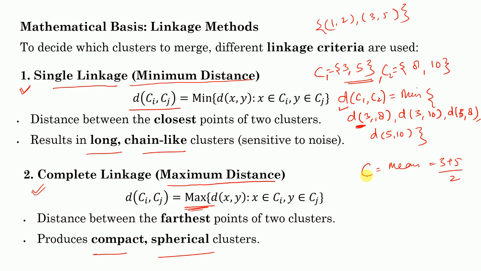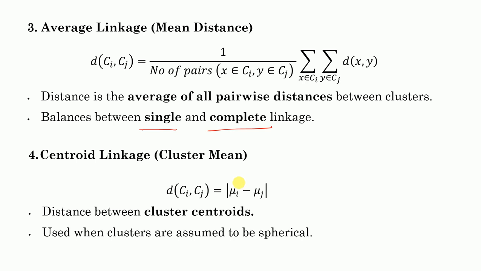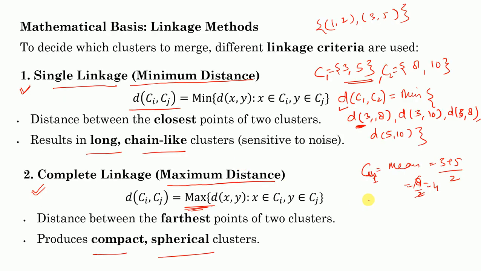This is the centroid of cluster number 1, which we denote by mu. For a cluster C, it is better to write it with mu: mu1 equals 4.